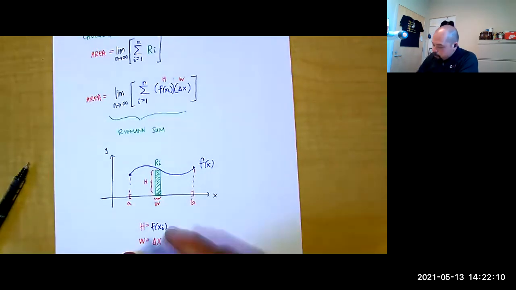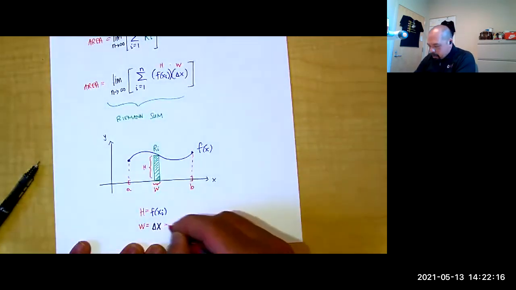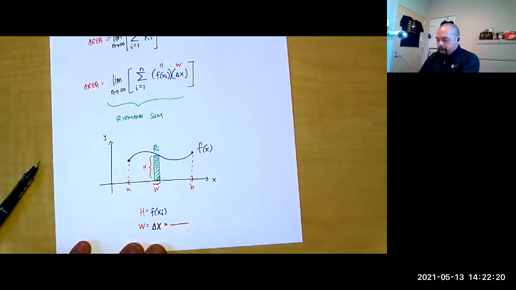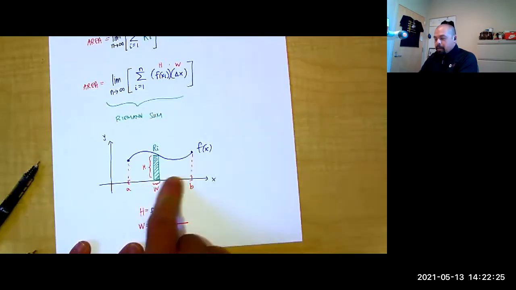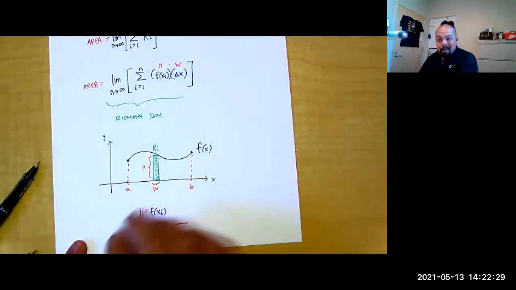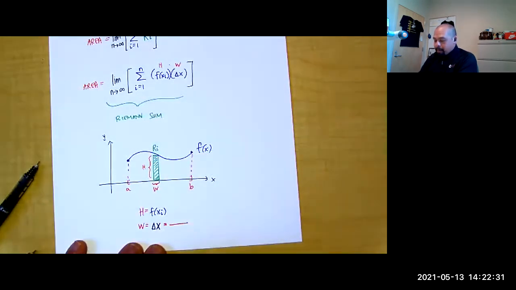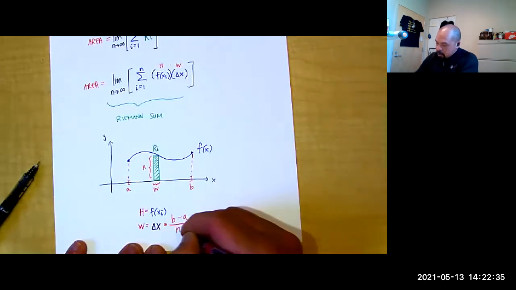Actually, I'm going to put it in blue. But that delta x we can actually get an expression for. If I want to take that interval and chop it up into equally sized parts, whether it be 4 parts, 8 parts, 100 parts, n parts, we can do b minus a all over n.